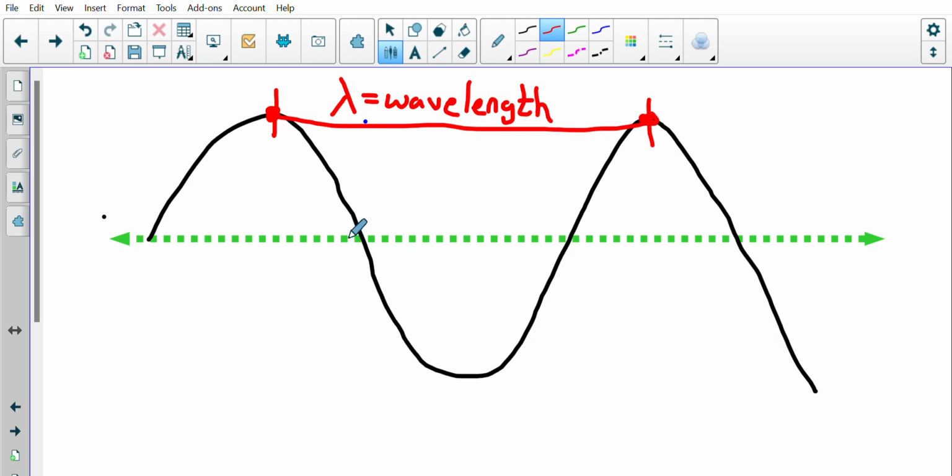Now, here's the thing, I want to look at how far this wave travels from dot to dot, from red dot to red dot, in the course of a wavelength. Now, an old formula that you guys used before, and I've definitely used many times, is v is equal to d over t.